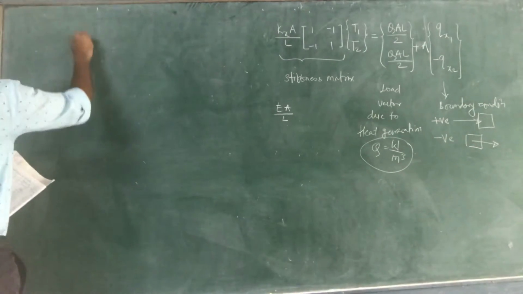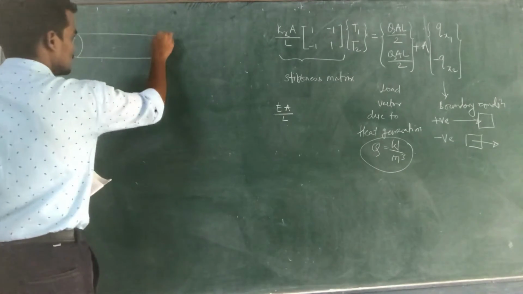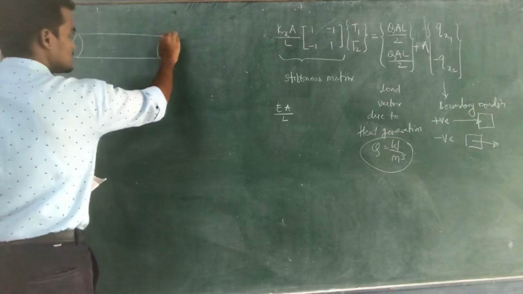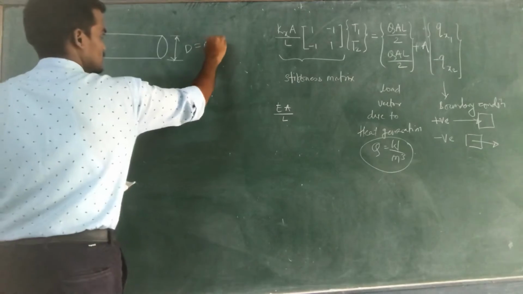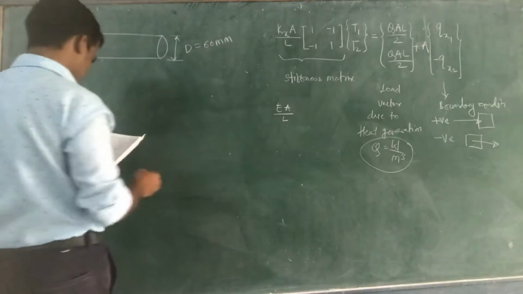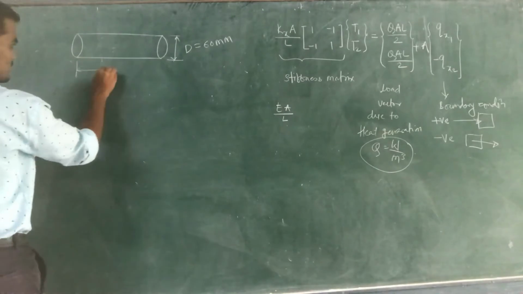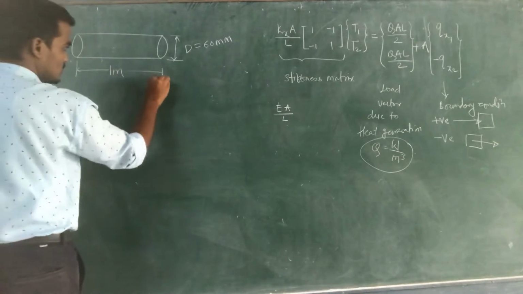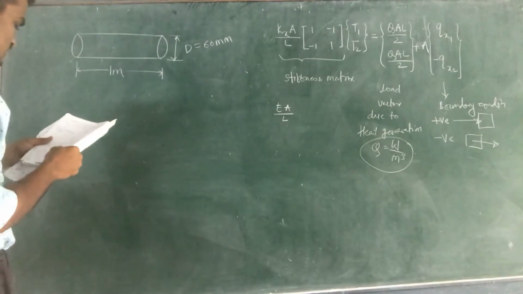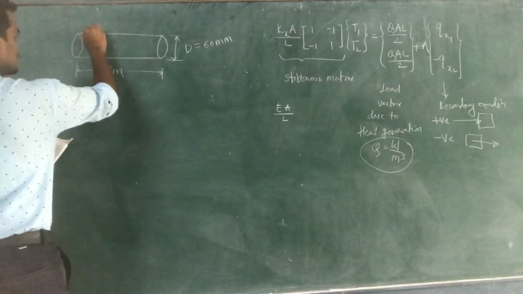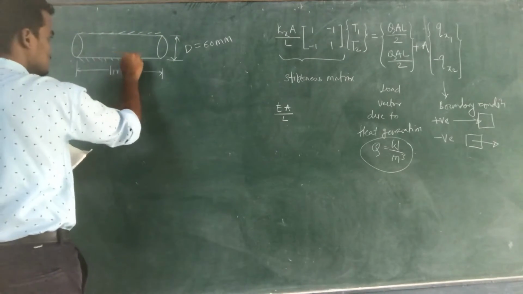Here a circular rod is given, diameter equal to 60 mm, and the length of this rod is 1 meter. It is insulated on its surface, meaning on the circumference it is insulated.